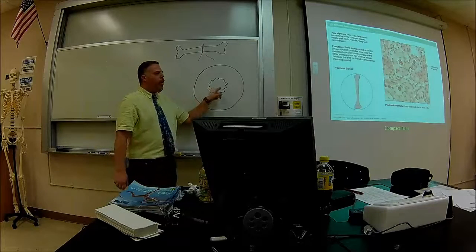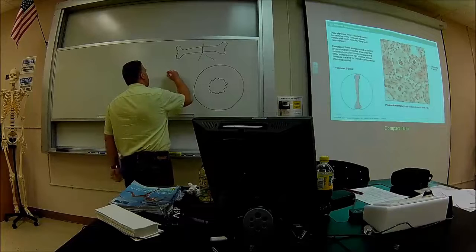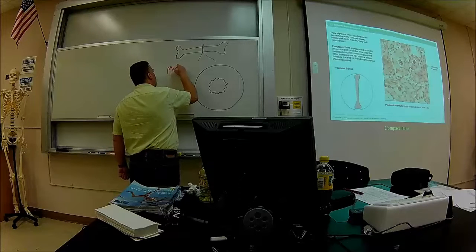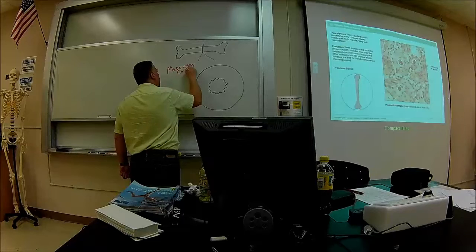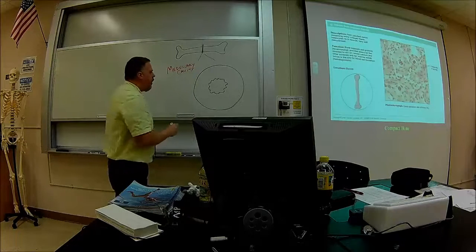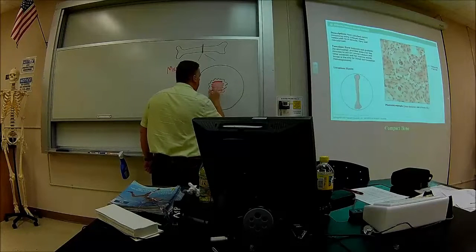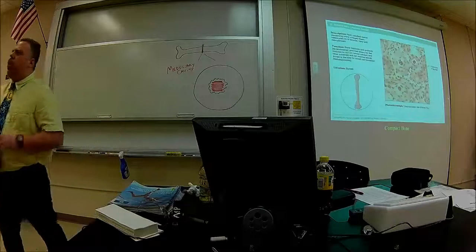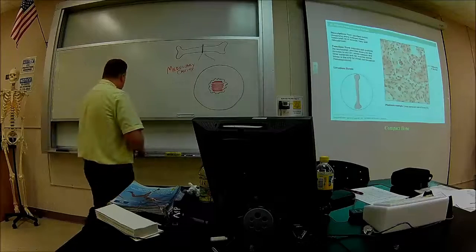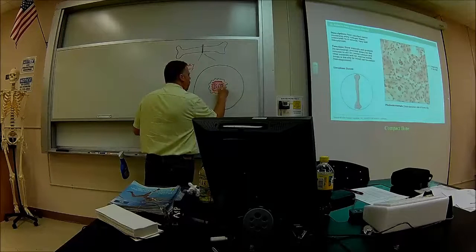This hollow area is called the medullary cavity. And inside the medullary cavity, you are going to have bone marrow. Either red bone marrow or yellow bone marrow. Again, you'll learn about that in the lecture. But this is going to be bone marrow.